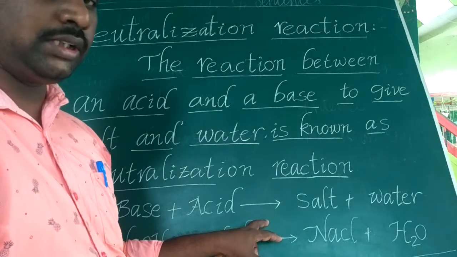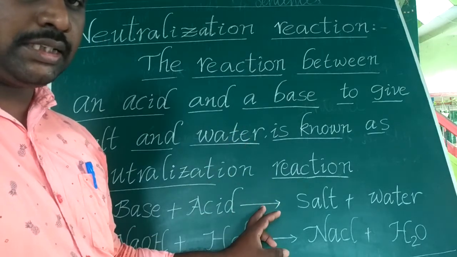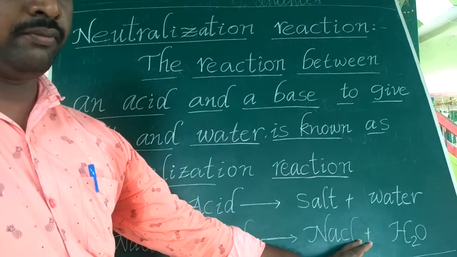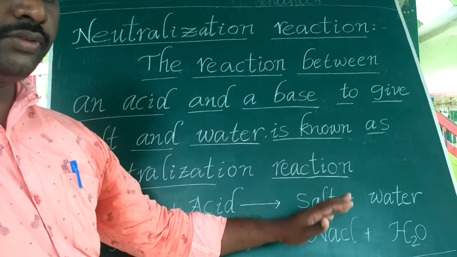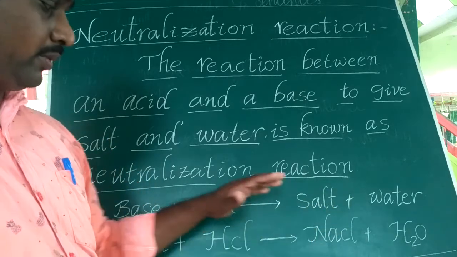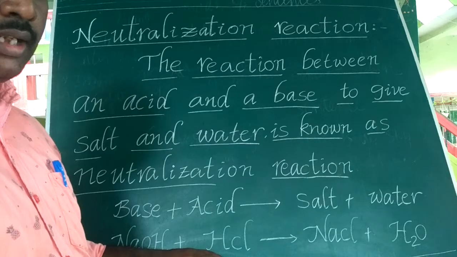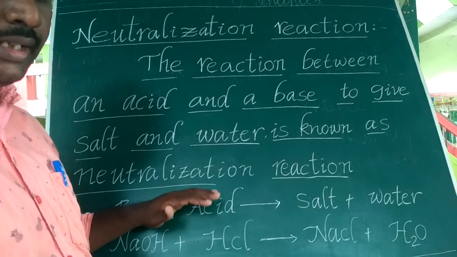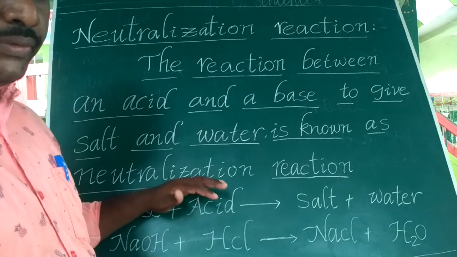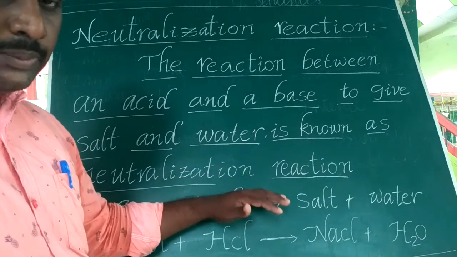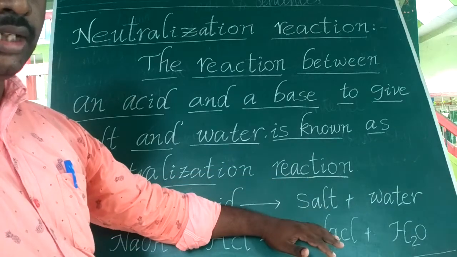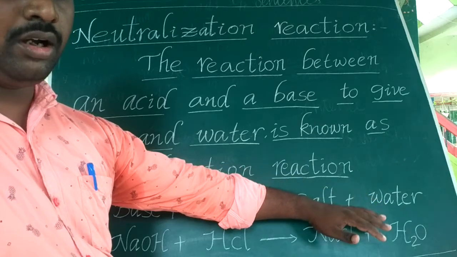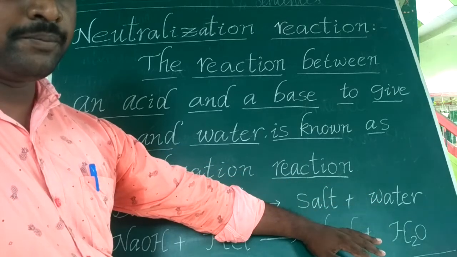Now mention the physical states of reactants and products. The substances which are involved in a chemical reaction are called reactants. Due to the chemical reaction, the new substances formed are called products.